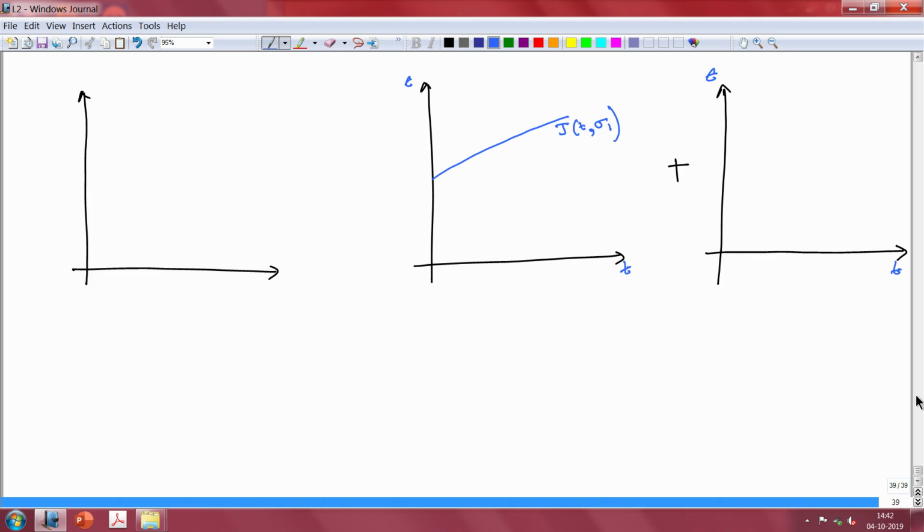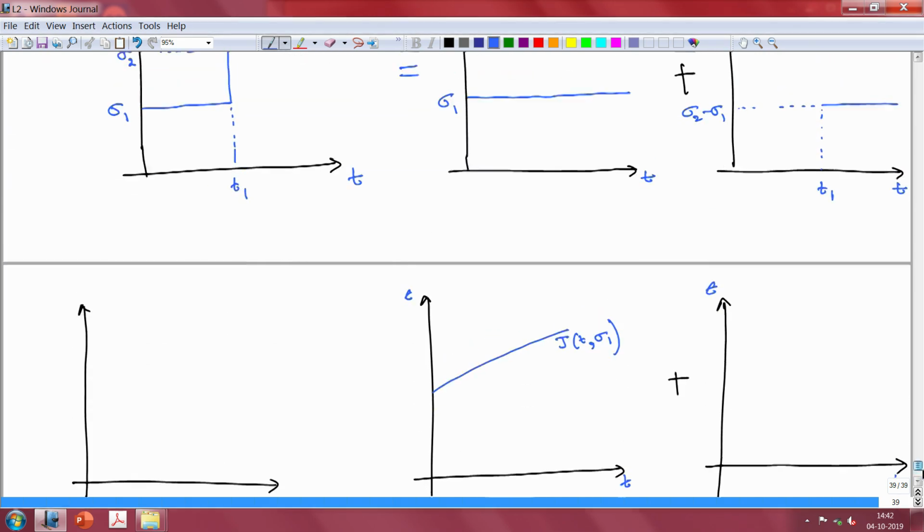So, this is your J(t, sigma 1). And in the second case, we see that the second signal is sigma 2 minus sigma 1 and it is being applied at a time t1. So, till t1 what is your response? It is going to be 0. We had discussed that point earlier, remember that. So, this is t1. Now you are going to have a new response.